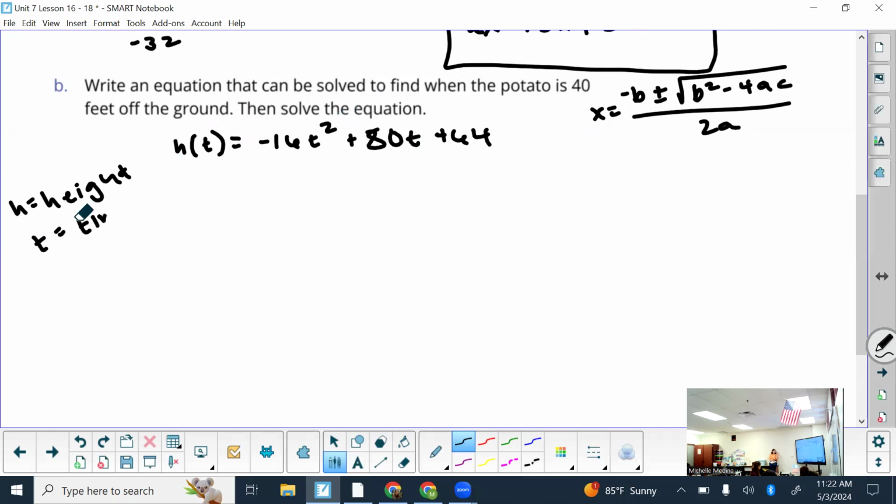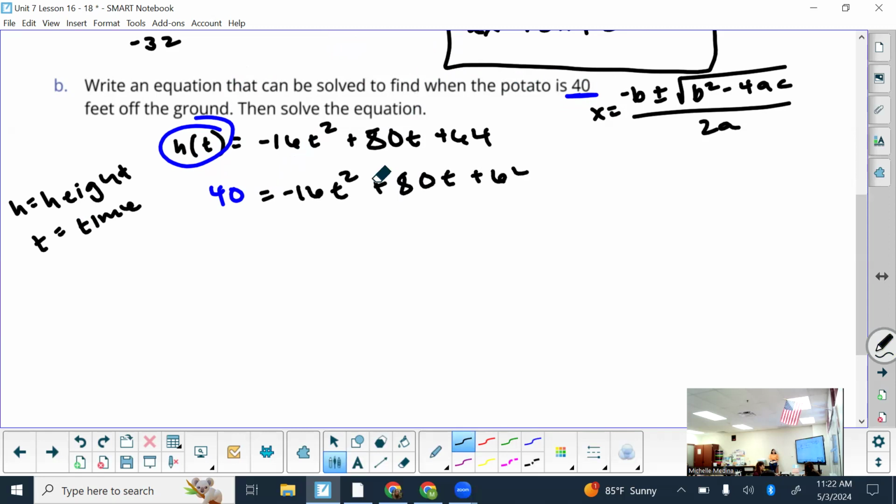Height and time. We want to know at what time the potato hit the ground. So the T is unknown. The height, it wants to know, actually not when it hits the ground for this one, when it reaches 40 feet. So I need to replace this whole piece, not just the T, with a 40. So if we want to know when the height is 40, T is what we're solving for, the time.